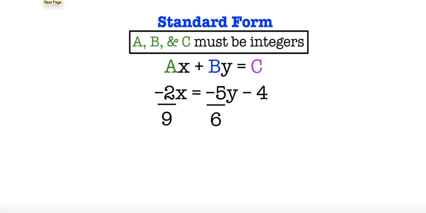All right, so another thing to remember about standard form is that a, b, and c must be integers. So here I have ax plus by is equal to c. First thing is that they're not in order, so I do have to get that in order. So I have my ax term here, and my by term is on the right side. So in order to move this over, I do have to add both sides by 5y.